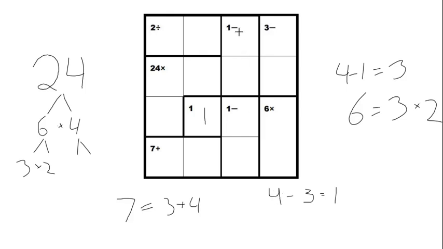So we have to say 4 minus 3, and we also have to say 2 minus 1 because we can't use 3 again. And then lastly we have the 2 being divided. There are a couple different options here. We could say 4 being divided by 2, or we could say 2 being divided by 1.